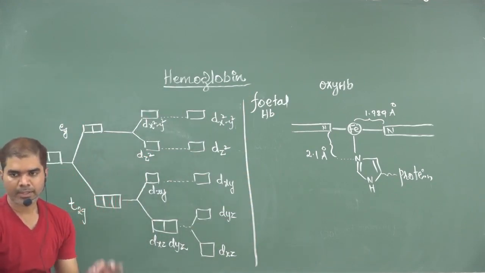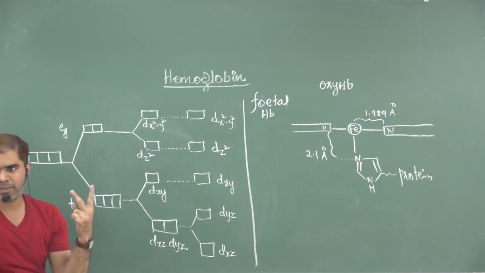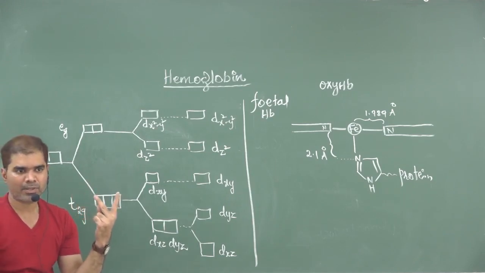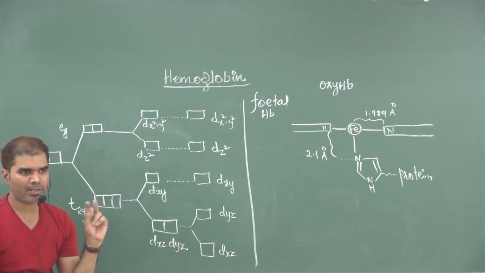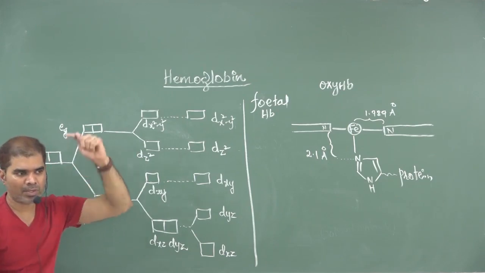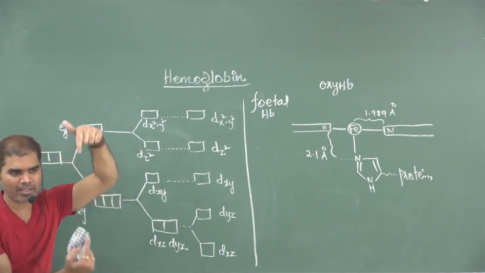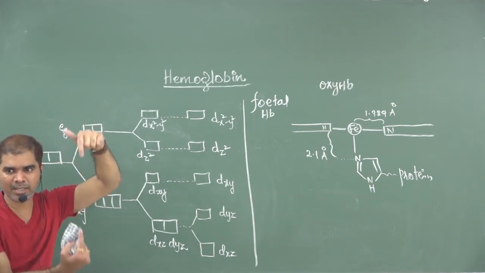Now just listen, if any question appears, what are the different types of distortions that are found in deoxyhemoglobin? We said there are two different types of geometries. One is tetragonal or square pyramid, a distorted square pyramid. The second one we call an octahedron, but a distorted octahedron. At the sixth coordination site, there is no ligand. Though there is a ligand, a water molecule, it is weakly bound. So along the z-axis, the ligands are weakly bound.